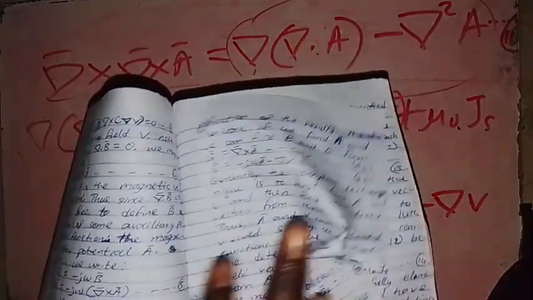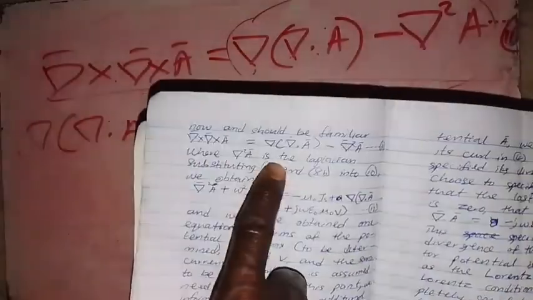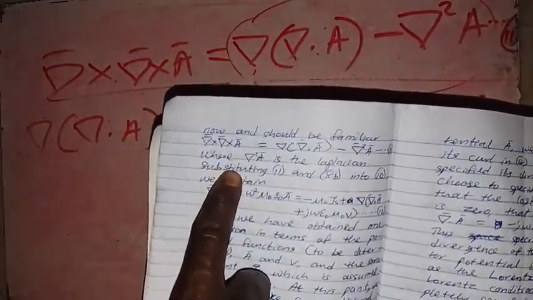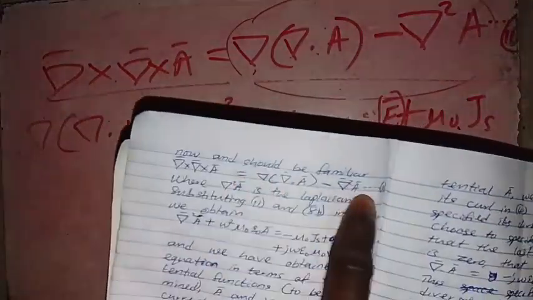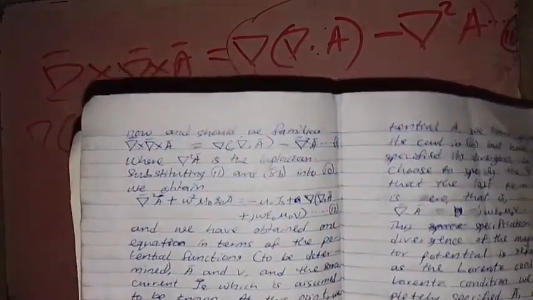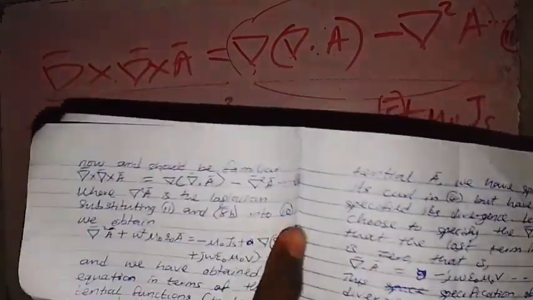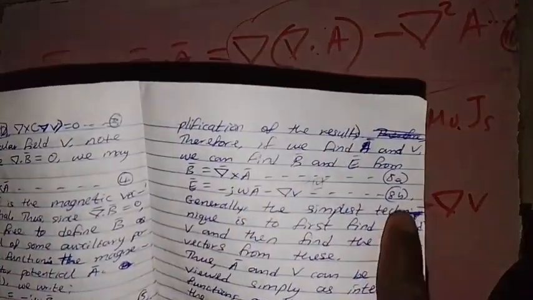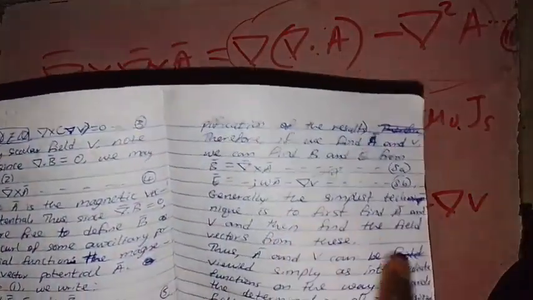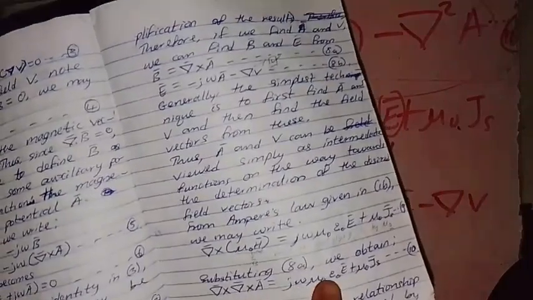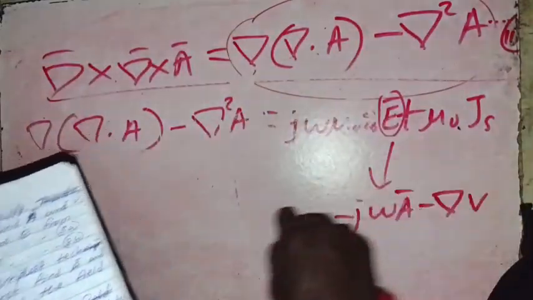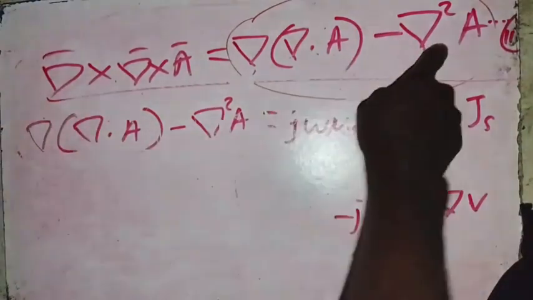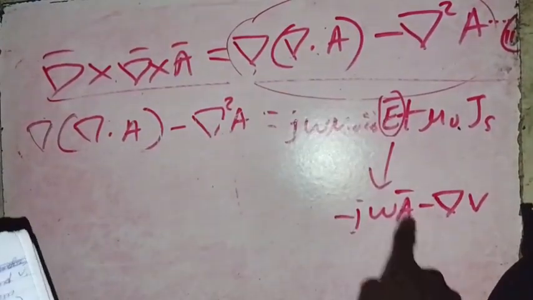That's why in our notes it says substituting 11 and 8 into 10. This is 11. This is 8b, right? 8b, which is this, into 10. Where is 10? Look at 10. So that's why we have 10 this way. And this is the 11. And this is the 8b.